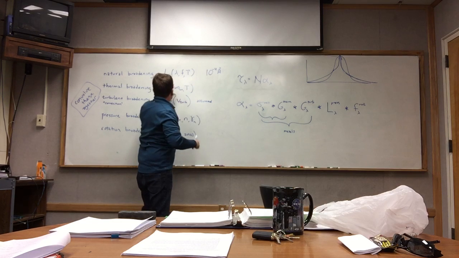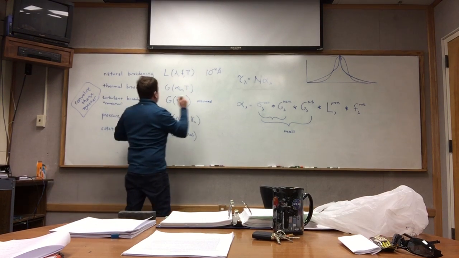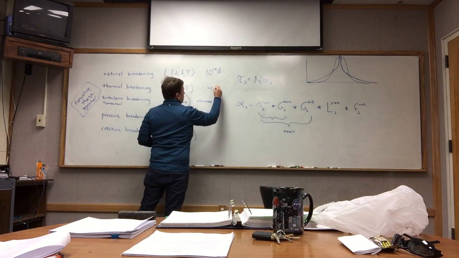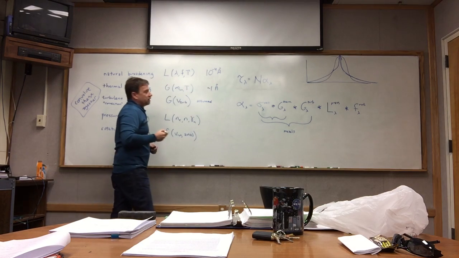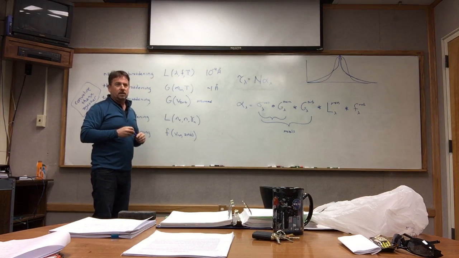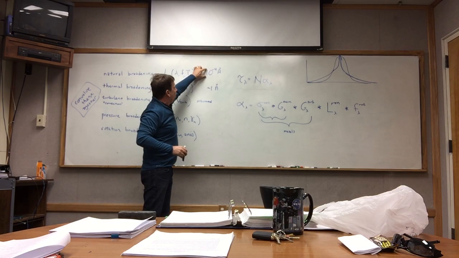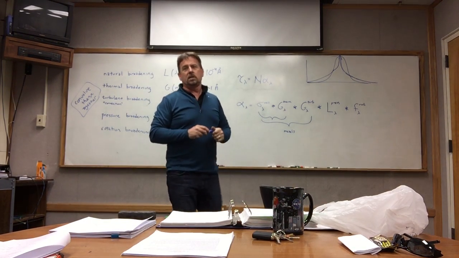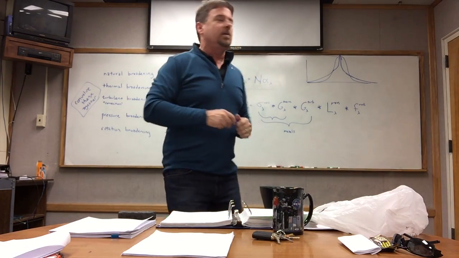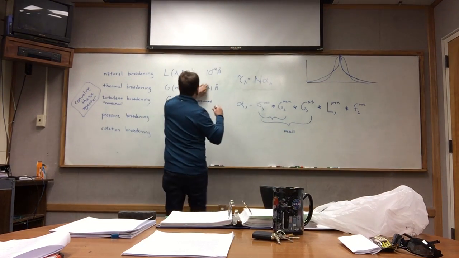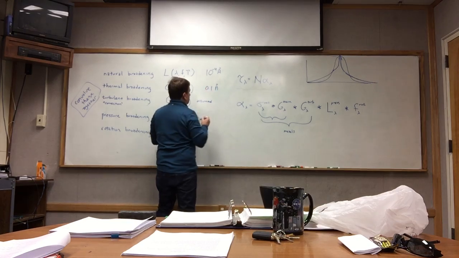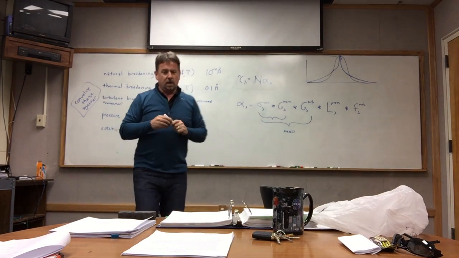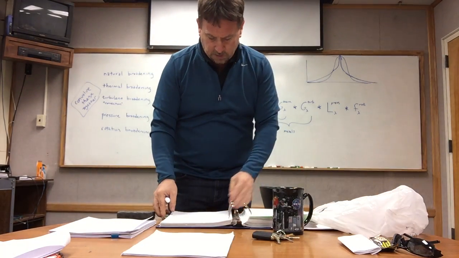Whereas these things, remember, can be on the order of an angstrom. So you can see that the core of the line and then the Gaussian broadening is tremendous. Well, maybe I should say 0.1 angstrom. And I've got some pictures of this.